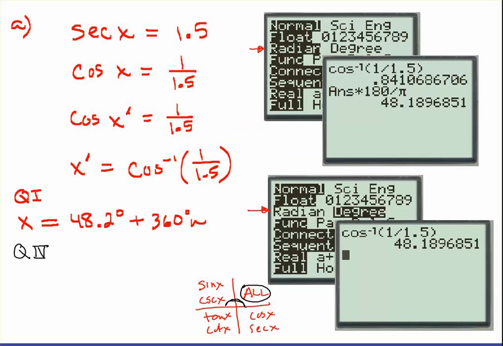Because cosine is going to be positive here and here, and I've got to find all the solutions. So now we're in quadrant 4. So my reference angle I know to be 48.2. So my question is, what's going to be my real angle? Can anybody give me that?